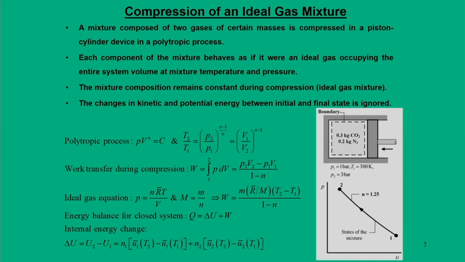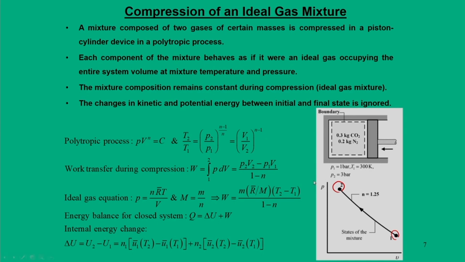When it is compressed, the initial state of the mixture, state 1, moves to state 2 in a polytropic process with some polytropic index n.